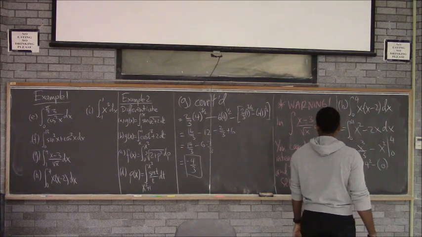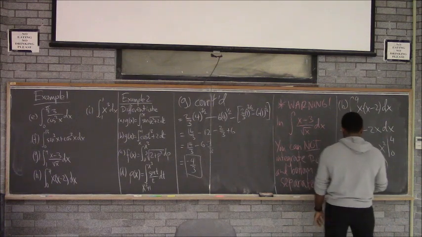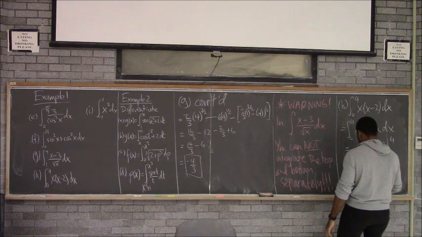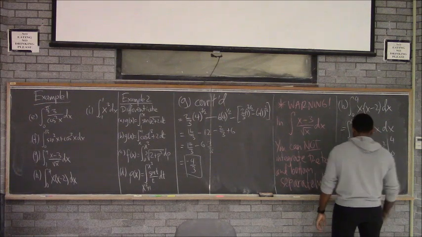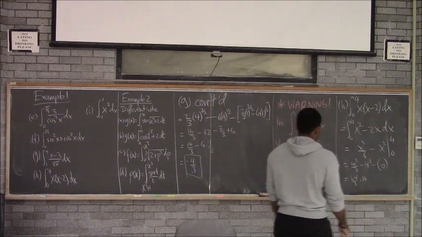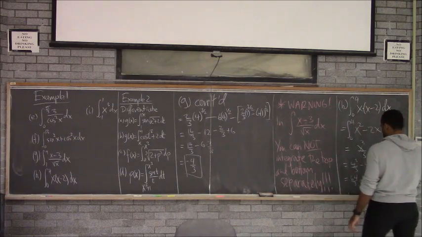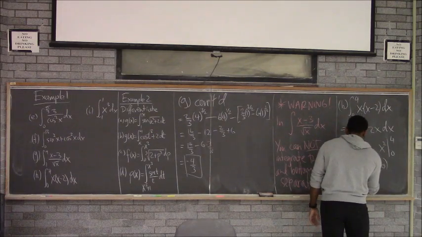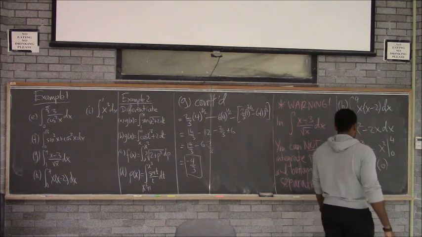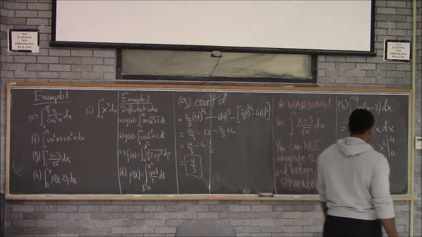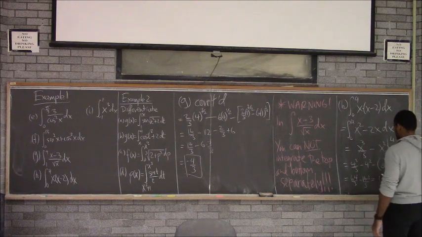So 4 cubed is what? 64. And 16 times 3? That's 48. 64 minus 48, 16 over 3.